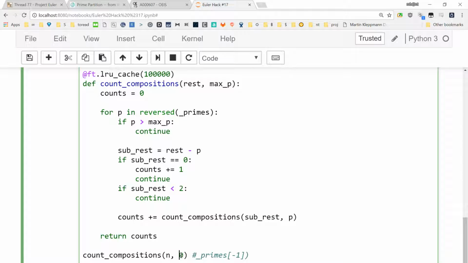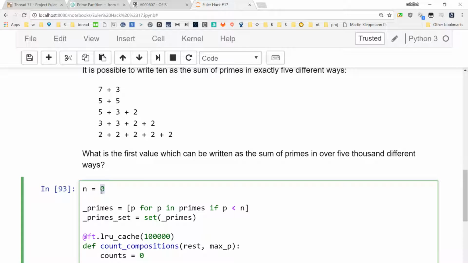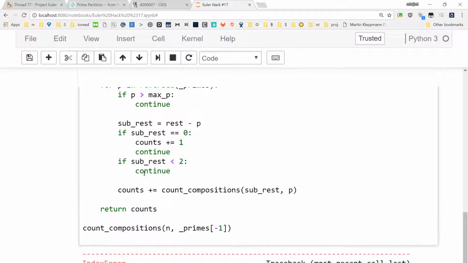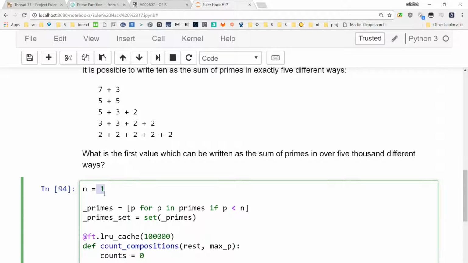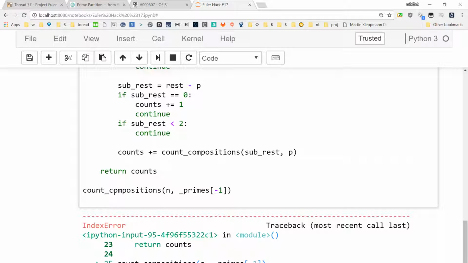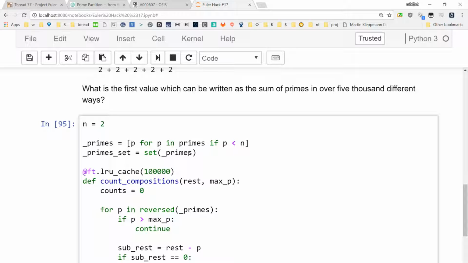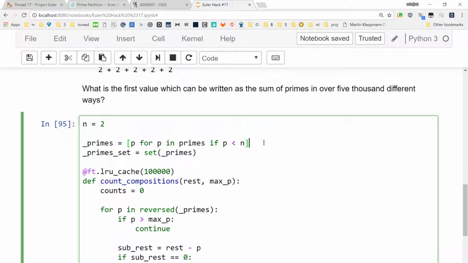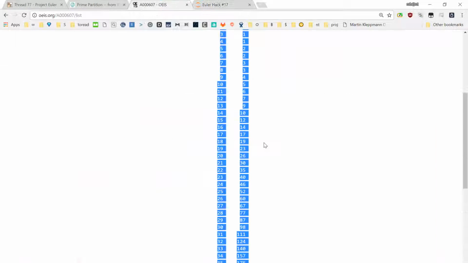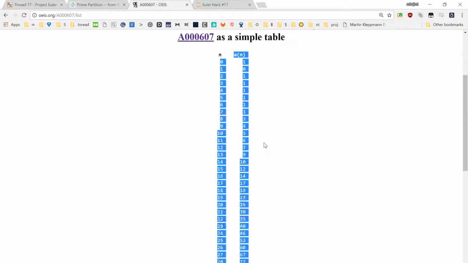No. What do you want to do? I was thinking about appending -1 to primes. Yes. -1 plus 1 equal to 0. But 1 is not prime.